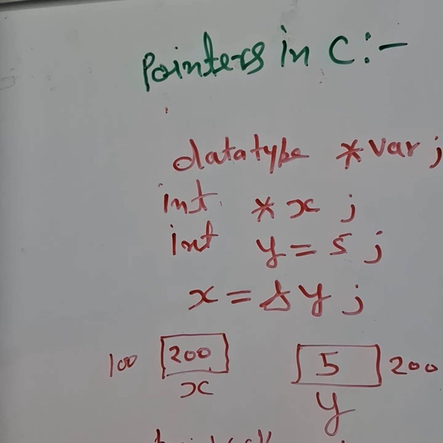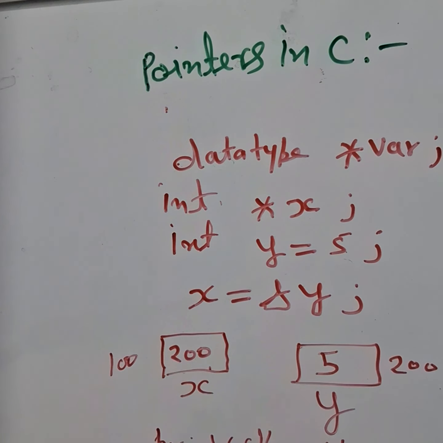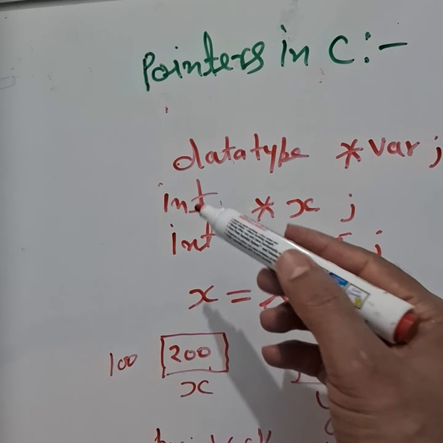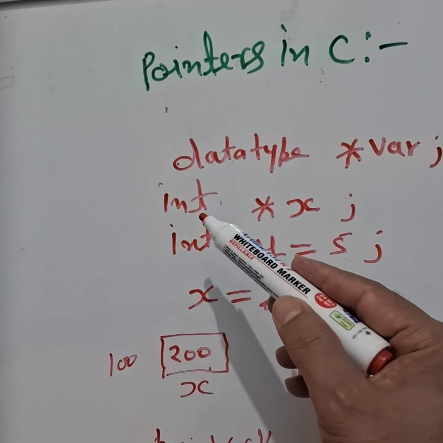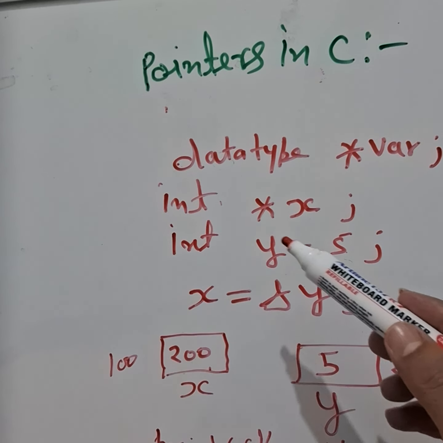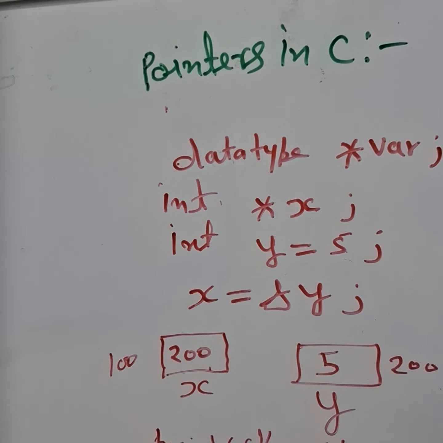This indicates that we are trying to declare a variable whose data type is as per the requirement of the user. Here, as one example, suppose we are trying to declare an integer pointer variable. Here the data type is int, then the asterisk, and then the name of the variable x. Here x is an identifier.